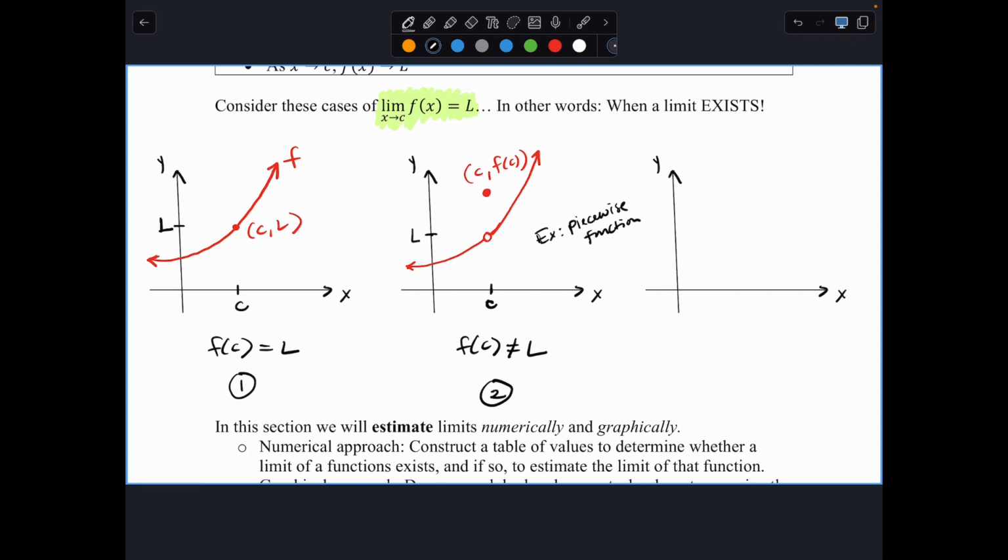You just have to think about lifting your pencil for a second, and then you're able to continue on. The function values are trending towards L as x approaches c. It's just that the function value does not actually match the limit value in this case. But the limit still exists.